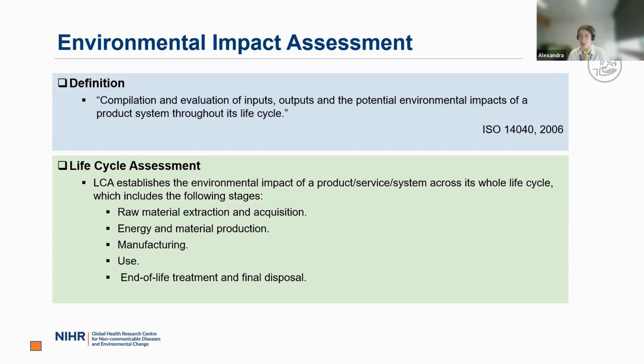But usually you do the whole life cycle to better understand where to focus, what are the parts with the largest environmental impact. The stages that comprise a life cycle can be raw material extraction and acquisition, energy and material production, manufacturing, and then also the use of the product itself or the service, as well as the end-of-life treatment and final disposal.